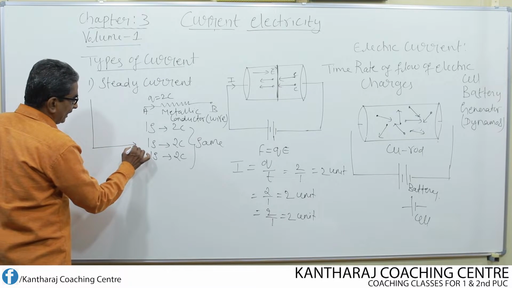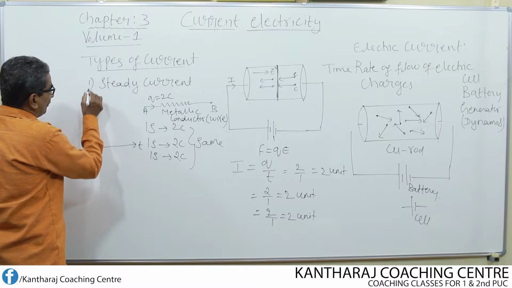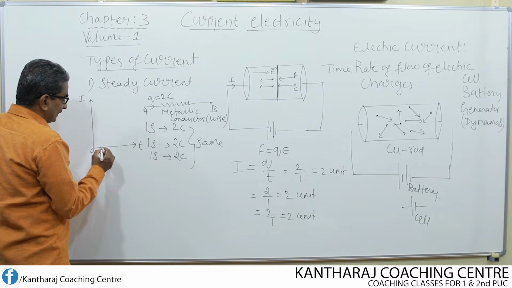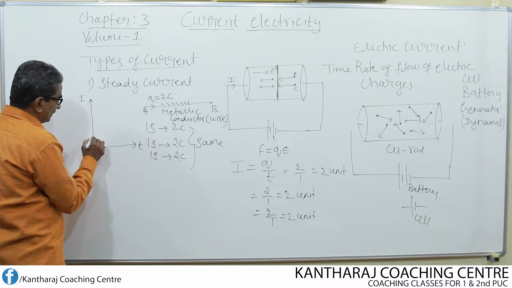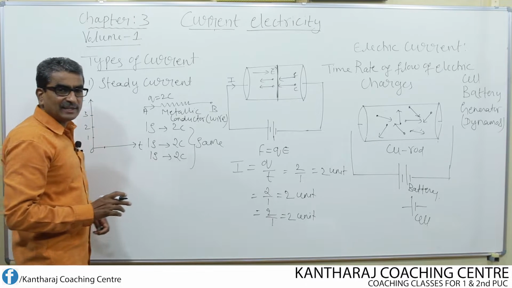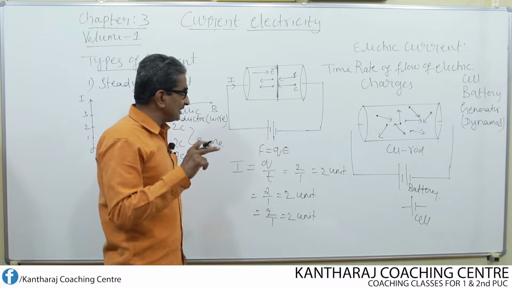Look here, along x-axis I consider time, along y-axis I consider current. After 1 second, let us consider this is 1 ampere, 2 ampere, 3 ampere. Then what is ampere? Ampere is the SI unit used to measure the strength of the current.